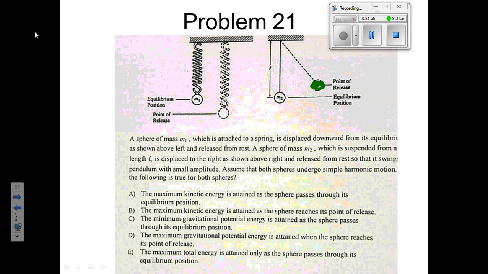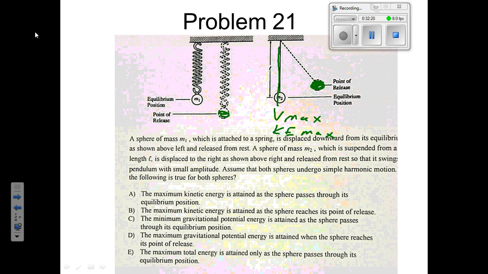But when it gets back to equilibrium, which is right here, what does it have? All kinetic. If the kinetic energy is at a maximum, what else has to be at a maximum at equilibrium? The speed. The velocity here in the pendulum is always at a max because the kinetic energy is at a max.